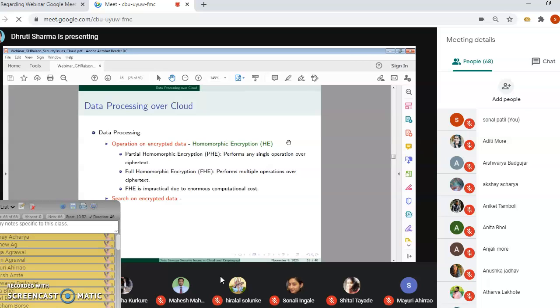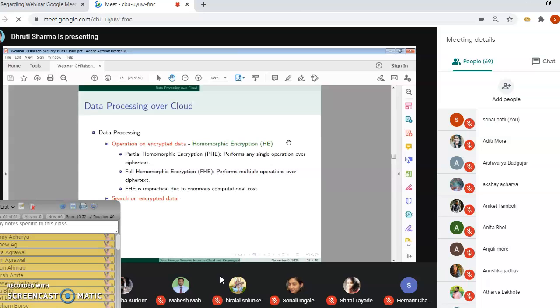Why? Because if we are thinking about RSA, whenever we encrypt some data with the RSA mechanism, and then multiply the ciphertexts, the result would be the same as the multiplication of that data in original form.